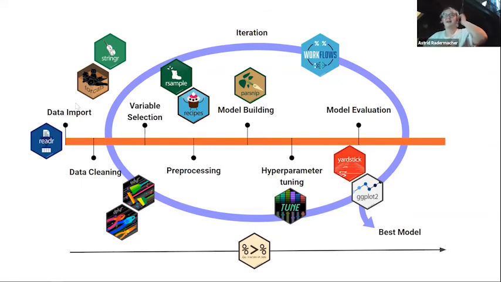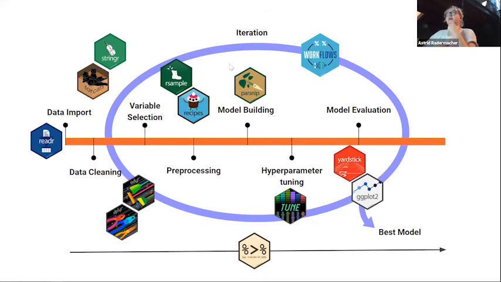So backing up, we started with data import with readr, data cleaning with tidyr, dplyr, forcats, and stringr. And we used maybe dplyr for some variable selection over there. We did some pre-processing steps with recipes and rsample. So with rsample, we did our splits and our folds. With recipes, we did our normalization and our centering.